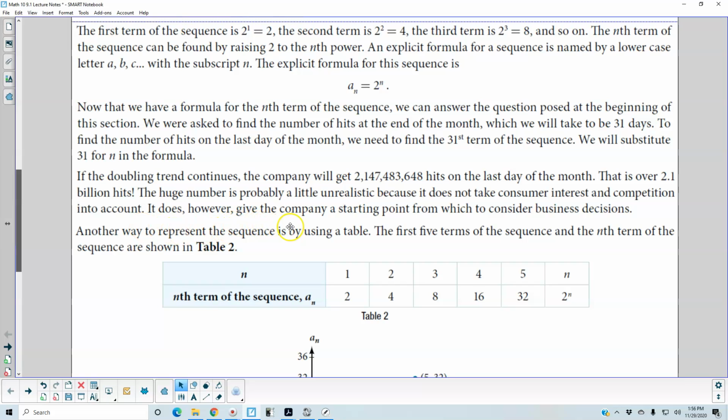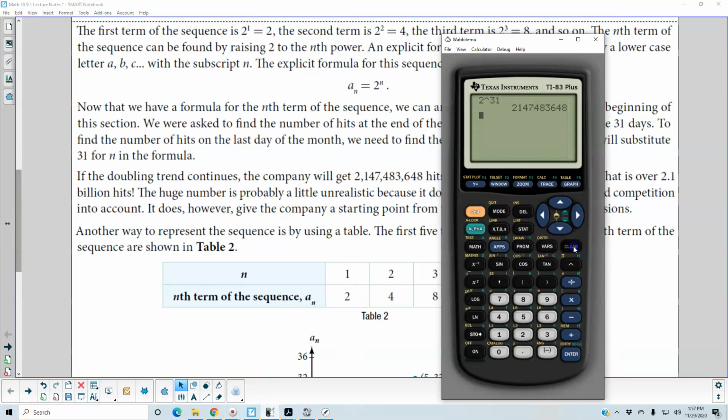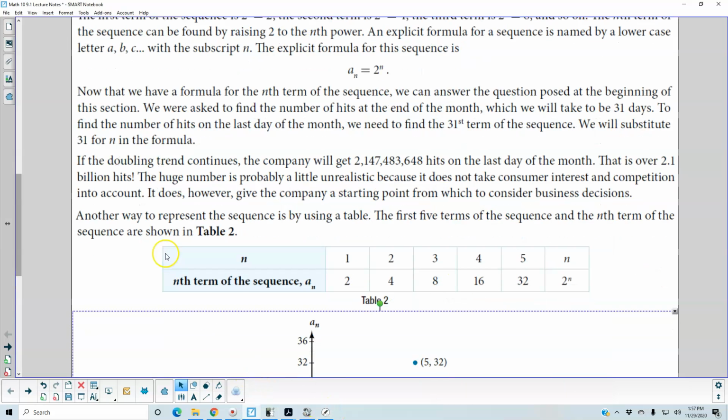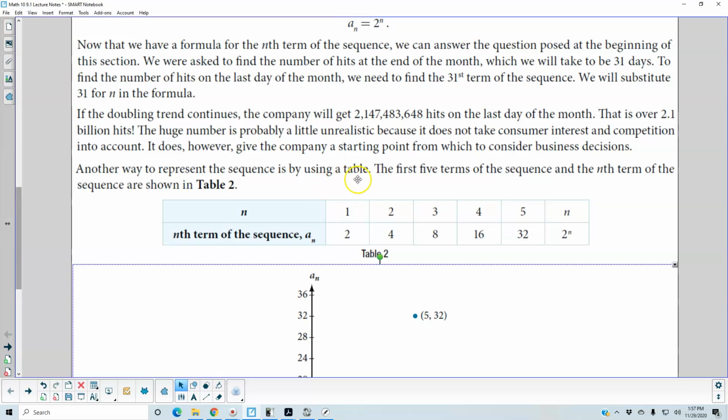It does, however, give the company a starting point from which to consider business decisions. So now let's check with our calculator 2 to the 31st power. If we put in 2 to the 31st power, it gives us the result that we've seen here. Again, 2,147,483,648 hits.